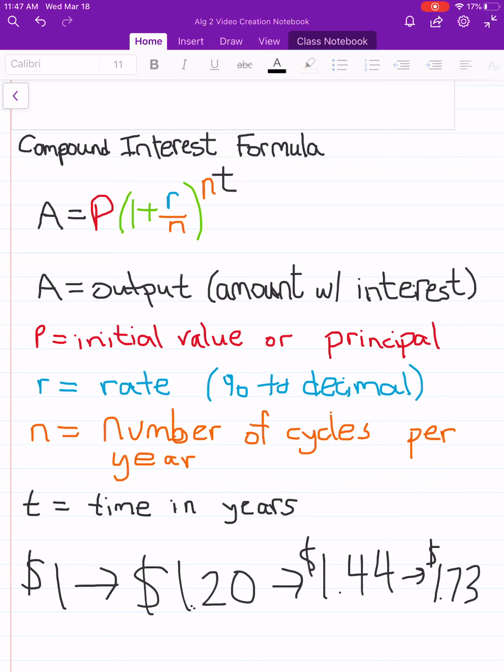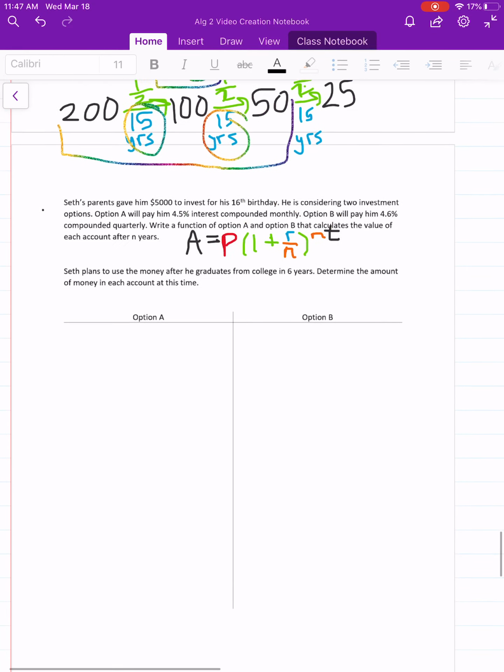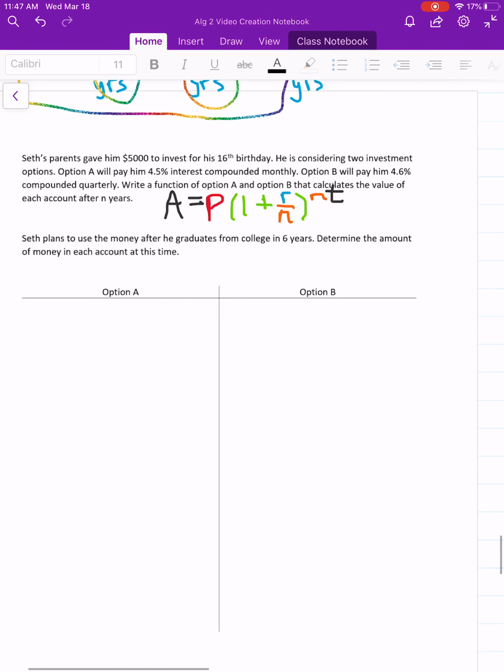So what will make this very clear is to do a few examples. It says, Seth's parents gave him $5,000 to invest for his 16th birthday. He is considering two investment options. Option A will pay him 4.5% interest compounded monthly, and option B will pay him 4.6% compounded quarterly.